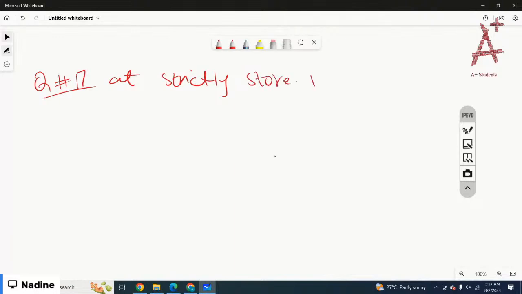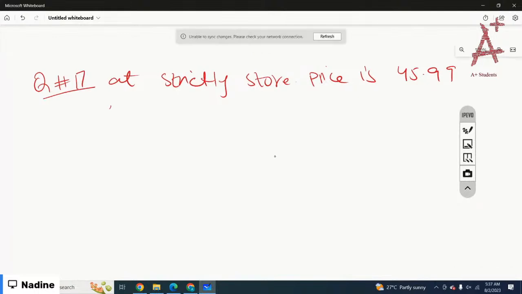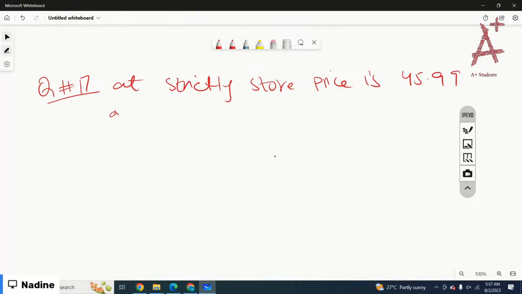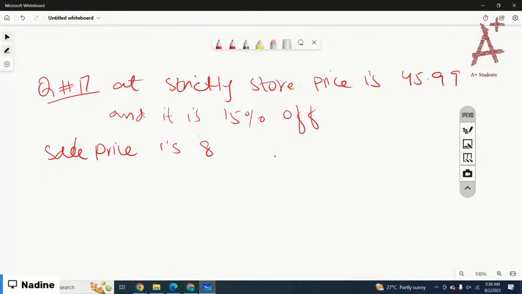That means the sale price is 100 minus 15.